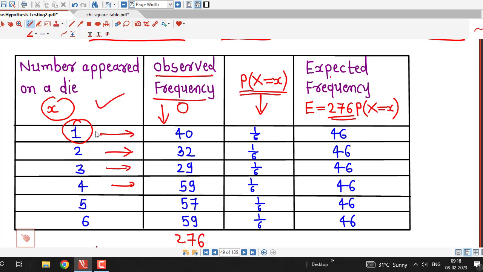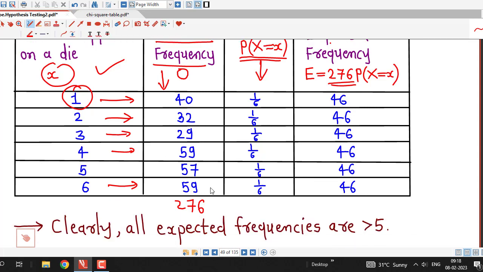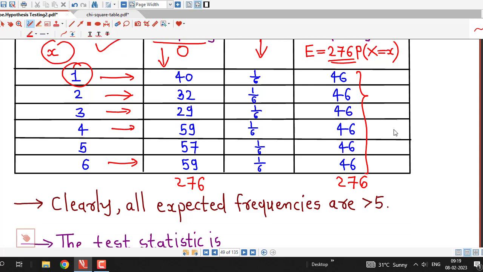So 1 appears 46 times, 2 appears 46 times and so on. 6 appears 46 times and this must be equal to 276. We have to check whether all the expected frequencies are at least 5, or greater than or equal to 5, to apply the chi-square goodness of fit test, and here all the frequencies are obviously greater than 5.